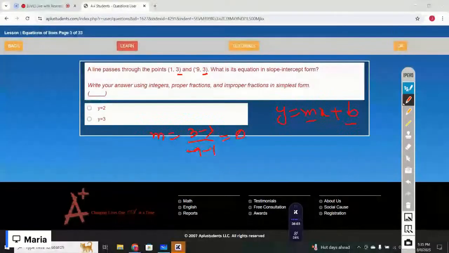Now we need to find the b. For b, we need two things, the slope and the point. So I'm going to use the first point, right? y is 3, slope is 0, x is 1, plus b. So b equals 3. The equation would be y equals 0x plus 3.